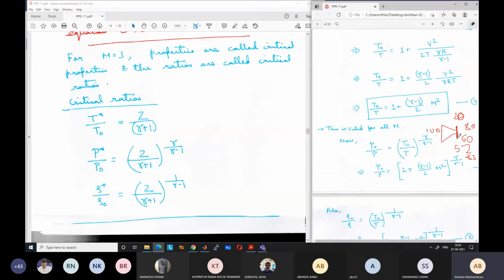What will happen? We'll still get Mach number equal to 1. And what will be the pressure at the throat section if Mach number is equal to 1? It should be 52.83. Then there will be a sudden pressure drop.